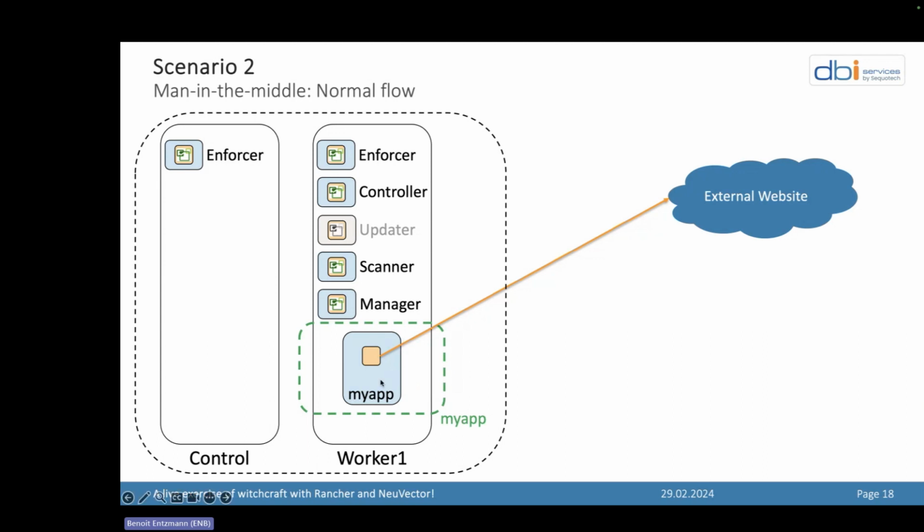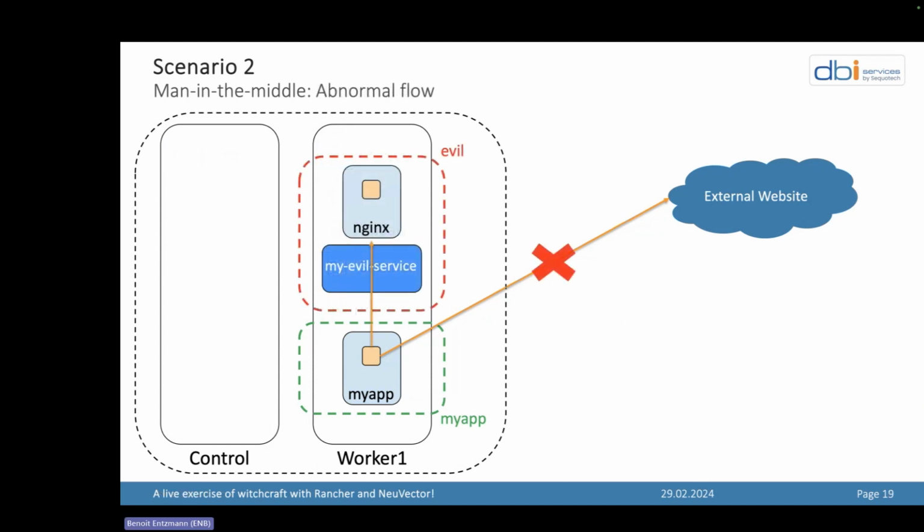So the normal traffic for my application is to go to an external website. That's the standard way of operating. Now I can have a malicious actor that has gained some privilege in my Kubernetes cluster, is able to create a new namespace called Evil, a new pod, and a new service that is going to intercept the traffic directly through this pod.